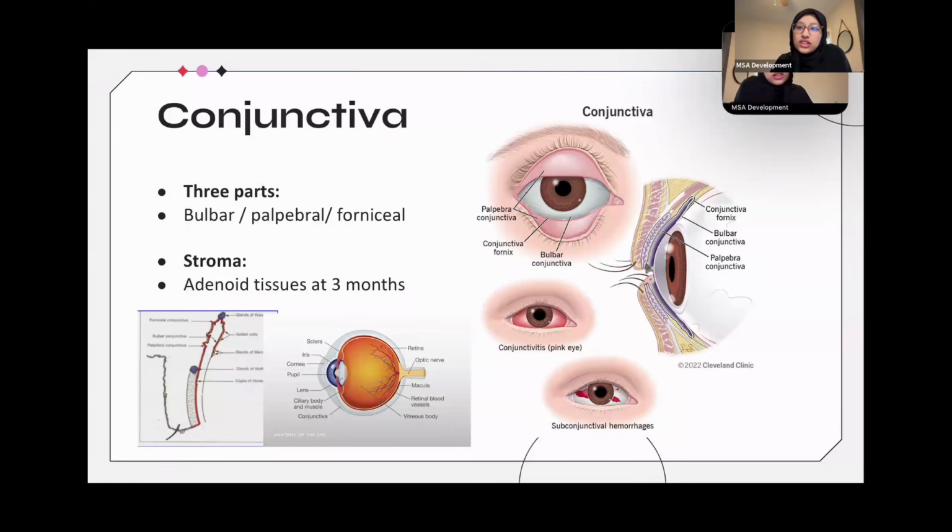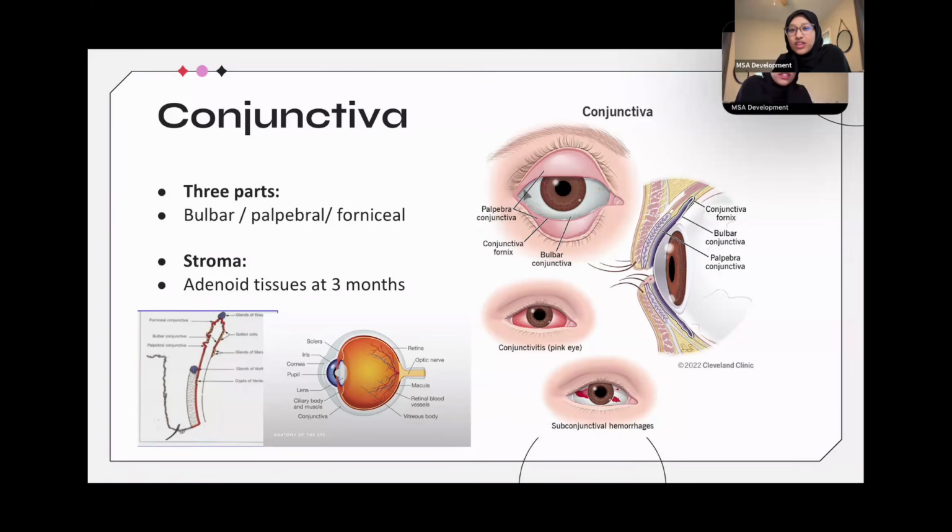You have three parts in the conjunctiva. You have the fornix, the curve at the end, like a cave. Then you have the bulbar, a dilated part, and then you have the palpebral conjunctiva, which is the one attached to the eyelid, on that side. I hope this is a clear picture.